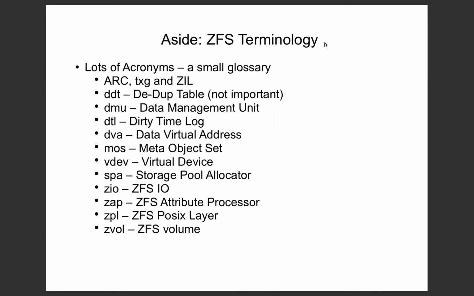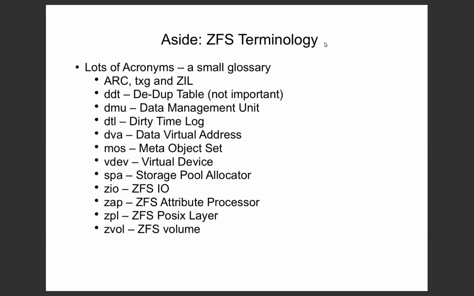In theory you could have multiple Z-pools, and each one would have a SPA structure in the kernel that relates to that Z-pool. That's what actually manages the storage and allocates storage for that Z-pool, and it's the thing that holds the VDEVs for that pool.